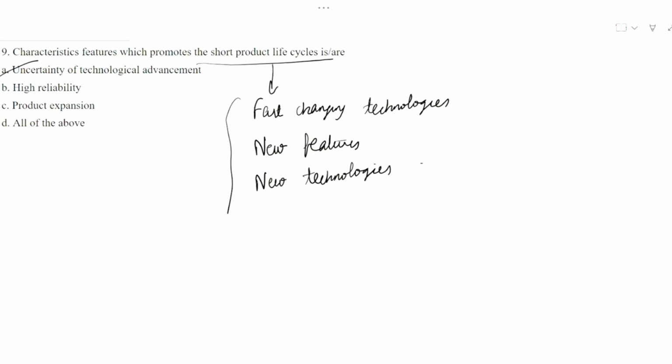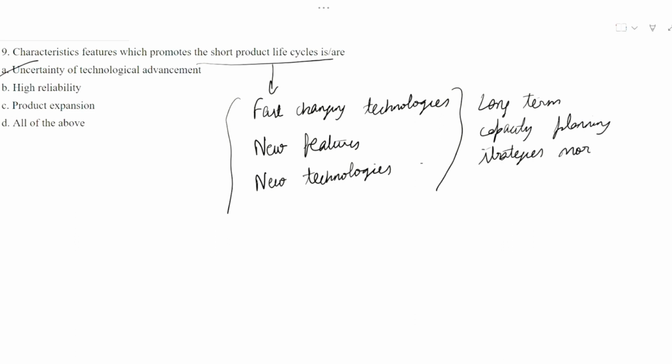Because of these fast changing technologies, newer features, and newer technologies which are coming up, this leads to the short product life cycle, which makes long term capacity planning strategy more difficult. Okay. So this was about the short product life cycle.